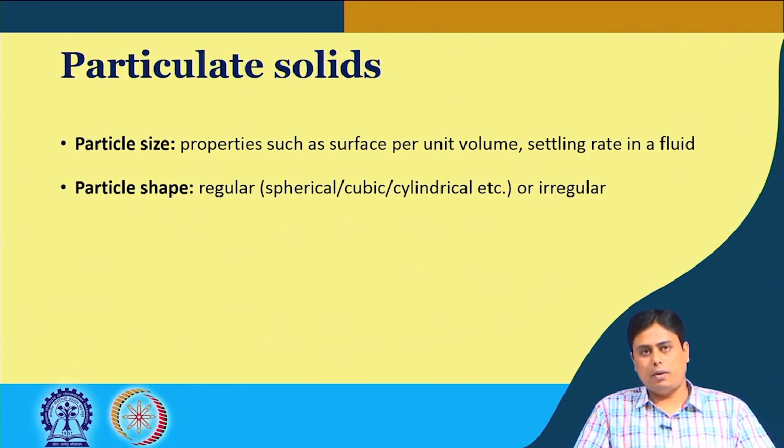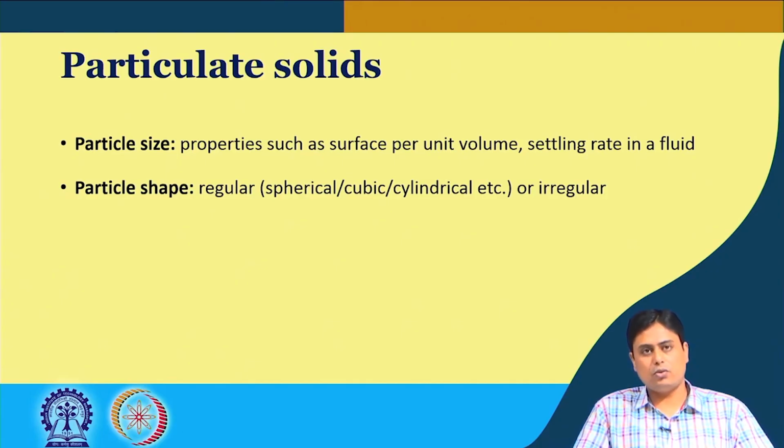It can be a regular shaped particle or an irregular shaped particle. Regular means like spherical, cubic, or cylindrical particles, which you can define by several different types of dimensions. For example, for a spherical particle, if you define its diameter, then you define the particle shape as well as the size. For cubic or cuboid particles, you have to define the 3 dimensions.